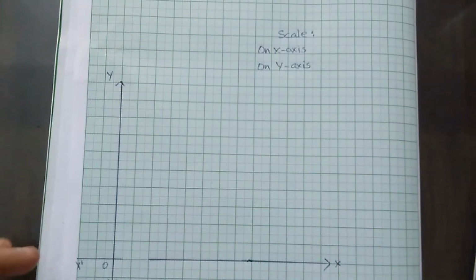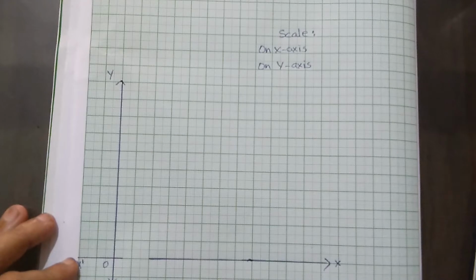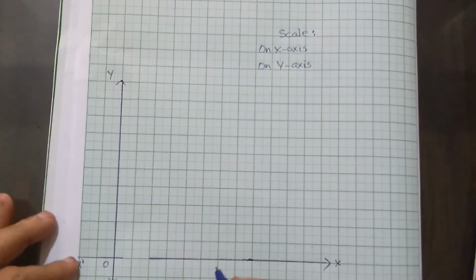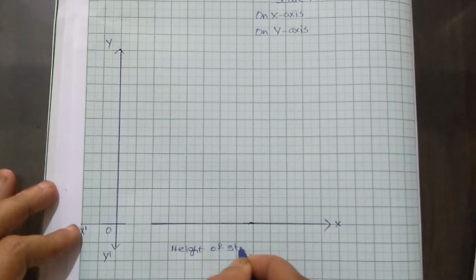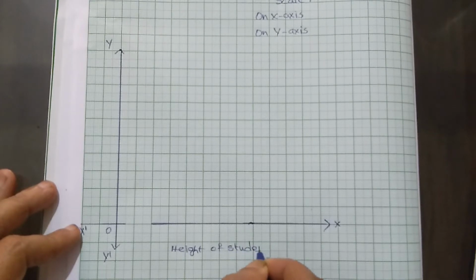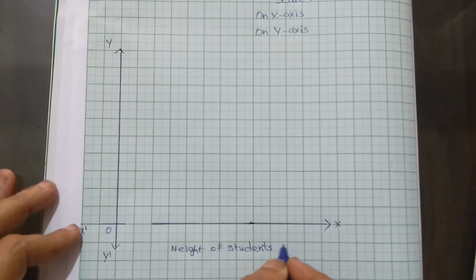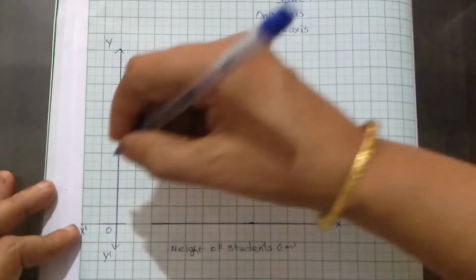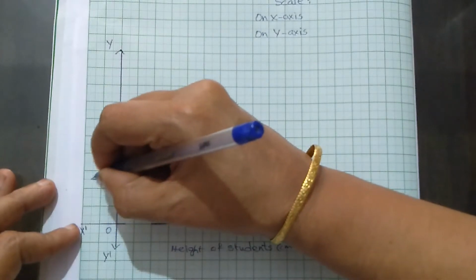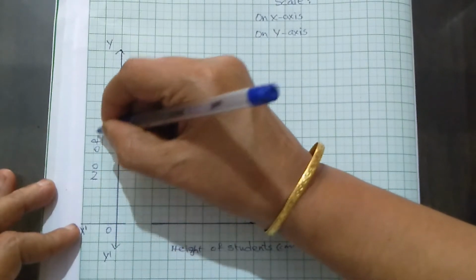So you write down on x-axis height of students in centimeter. And over here on the y-axis, you'll write down number of students.